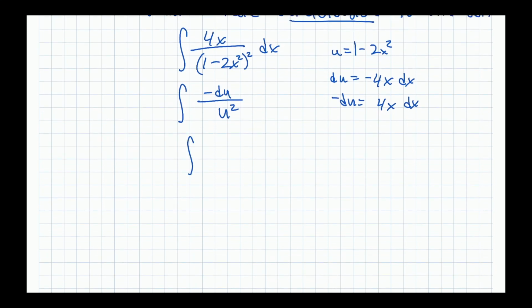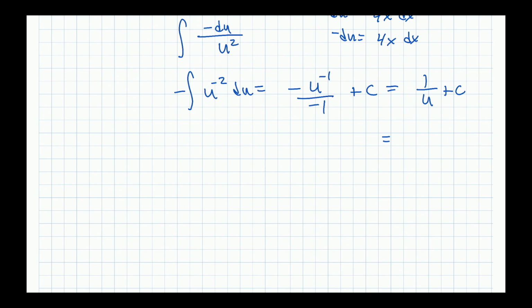So I have a negative integral of u to the negative 2 du, which to do that integral, it's the power rule. You add 1 to the power to get negative 1, divide by the power to get over negative 1, plus c, which turns out is just 1 over u plus c. So it is 1 over u, which is 1 over 1 minus 2x squared, and then plus c.